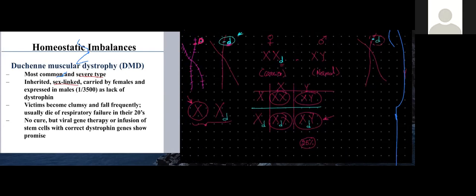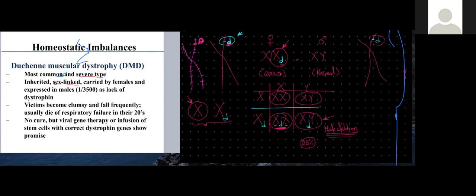So the mother did not show any symptoms of the disease. She carried the disease for her male children. Male children are the ones that will be manifesting the disease. Again, why will this not affect females? Because a female has two X chromosomes.